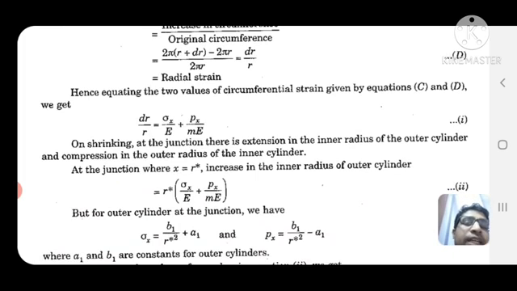On shrinking at the junction, there is extension in the inner radius of the outer cylinder and compression in the outer radius of the inner cylinder.